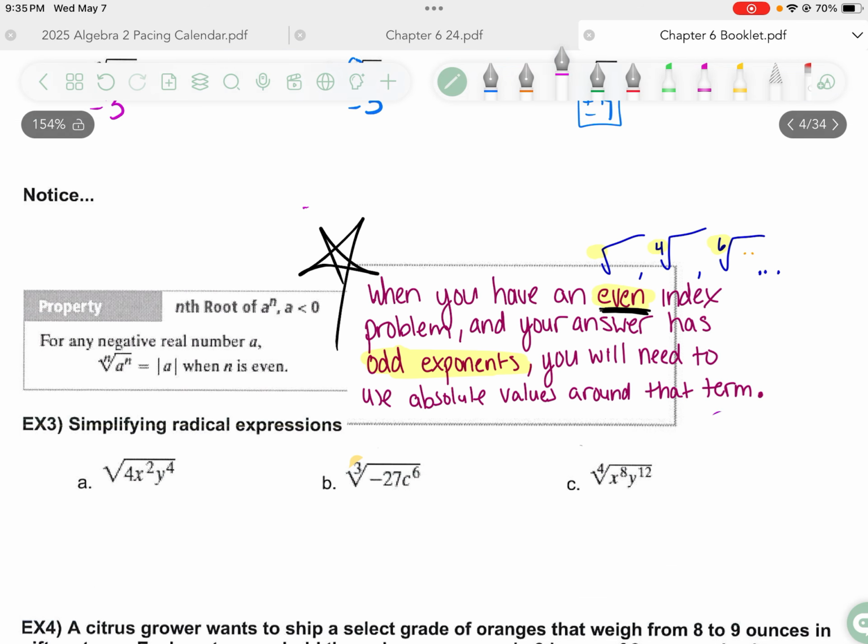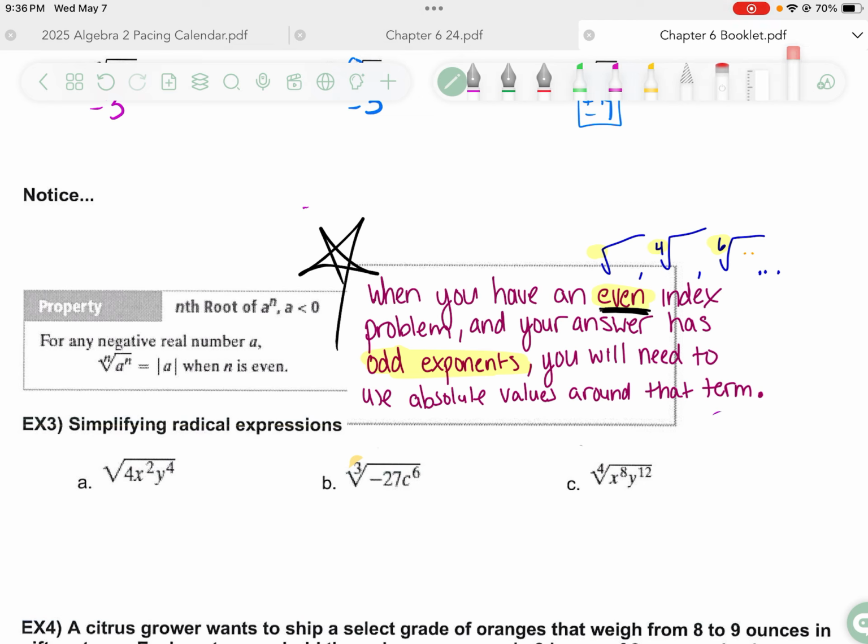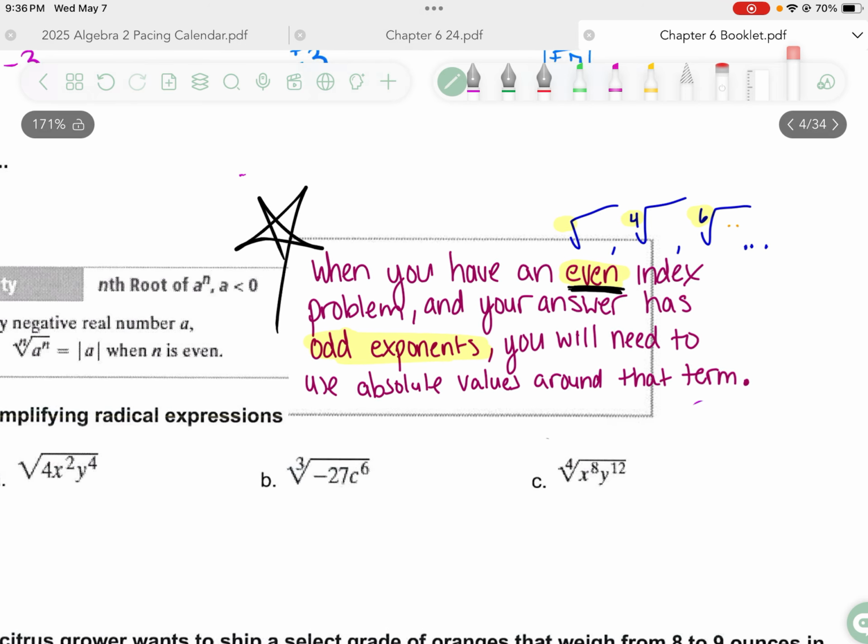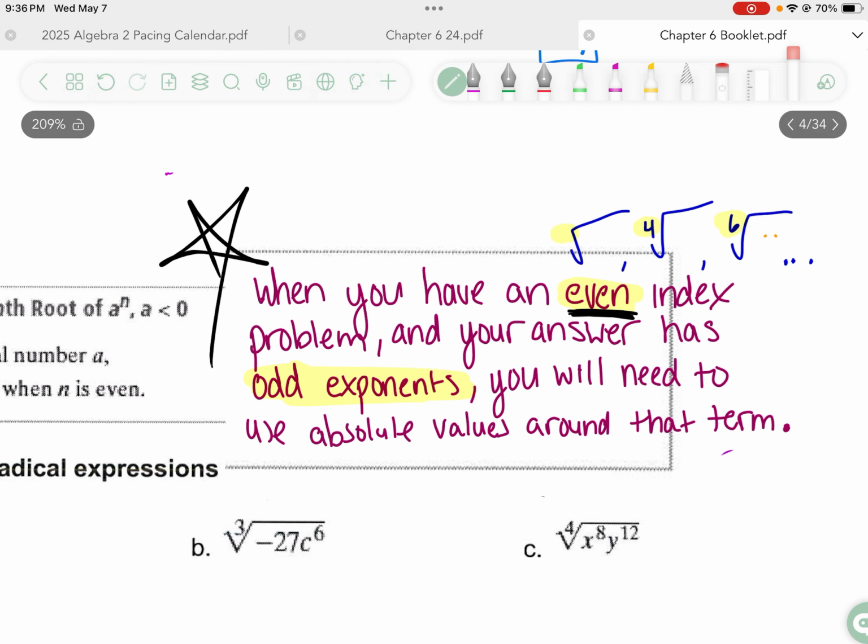Okay, so we have a property here, and I rewrote it in a way that I think makes a little bit more sense. So go ahead and read this and copy it down in your notes. I know it's a little bit more writing than usual, but go ahead and copy that.